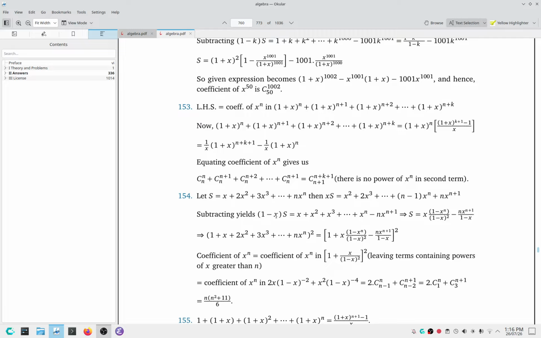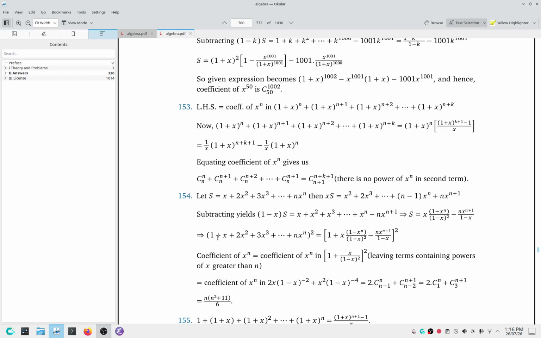We subtract, we get (1 − x)S = x + x² + x³ up to x^n − nx^(n+1). So S becomes x(1 − x^n) upon (1 − x)² minus nx^(n+1) upon (1 − x).